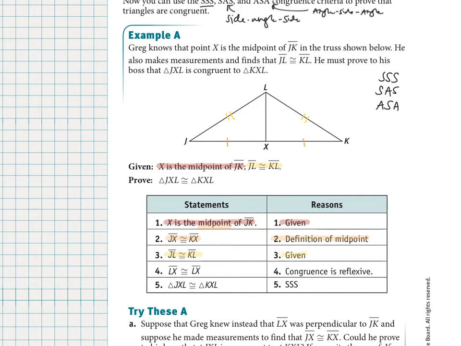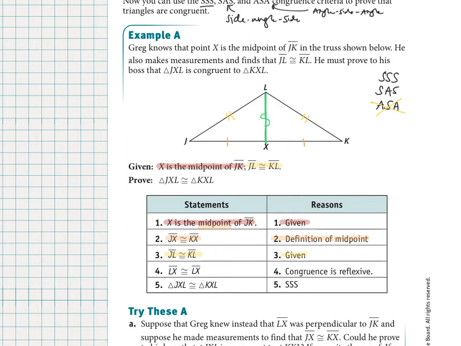But from our information here, we know we have two sides. So we're probably not going to look at angle, side, angle. So what would be the next piece of information that you think we have from this picture that we could prove? I see you. You're starting to see that LX is the same shared side. That's a really bad self-congruent symbol, but we can see that LX is congruent to XL.